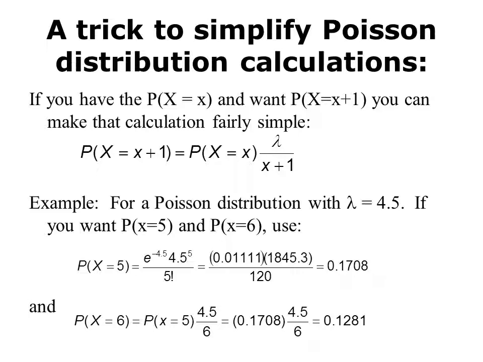To get the probability that 6 occur, we could reuse the same equation again, or you can just take the previous probability that 5 occur, multiply it by another lambda, and divide it by 6. So we can get the probability of 6 occurring from the probability of 5 occurring fairly easily. And this recursion formula is one that you might want to use for your problems and on an exam.